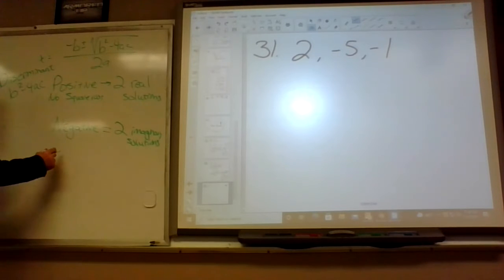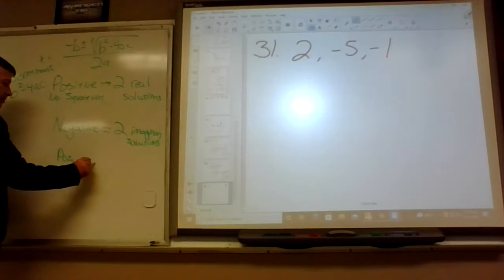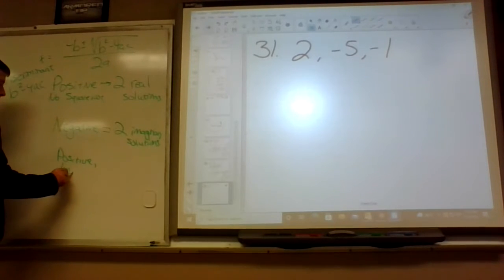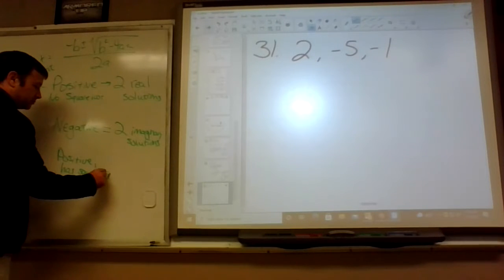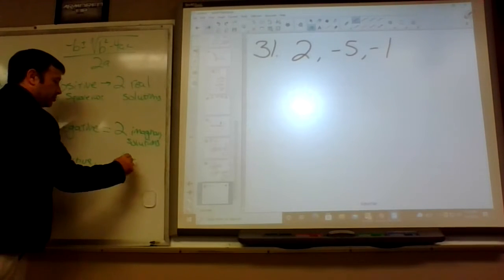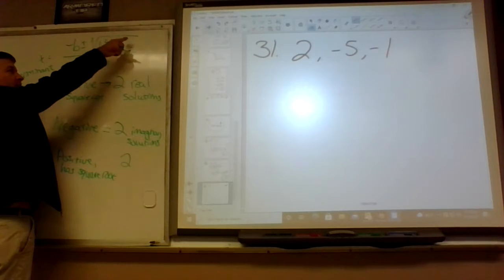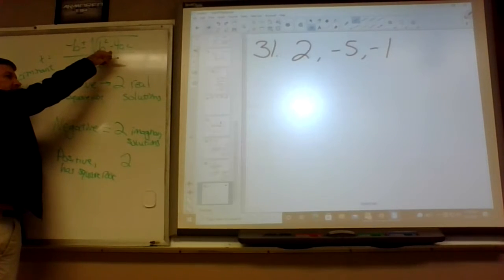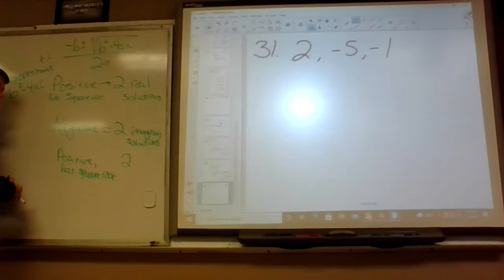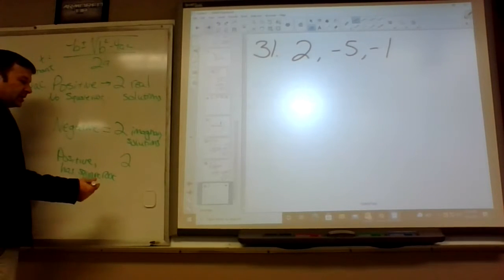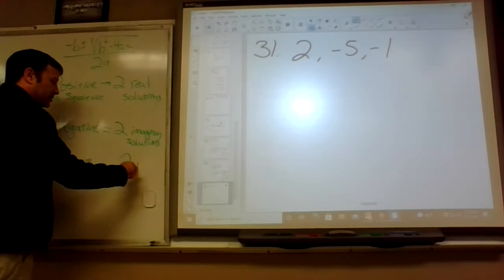And let's see what else. If it's positive and it does have a square root, what kind of answer did we get? We got two normal answers basically. If it has a square root, it's going to come out nice, like the first problem we did today. Square root of 16 came out as 4. And if it's nice, it's going to be rational.